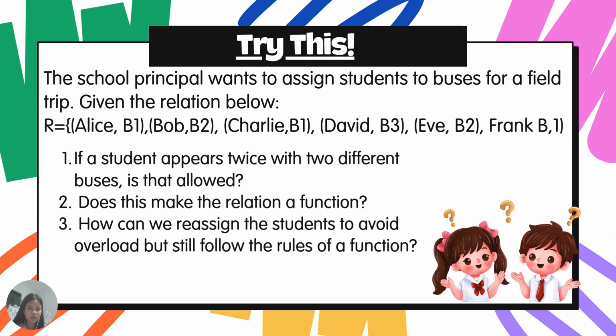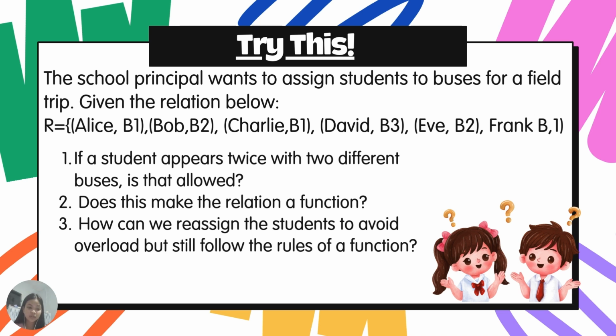Answer these questions. If a student appeared twice with two different buses, is that allowed? And does this make the relation a function? Ask yourself, how can we reassign the students to avoid overload but still follow the rules of a function?